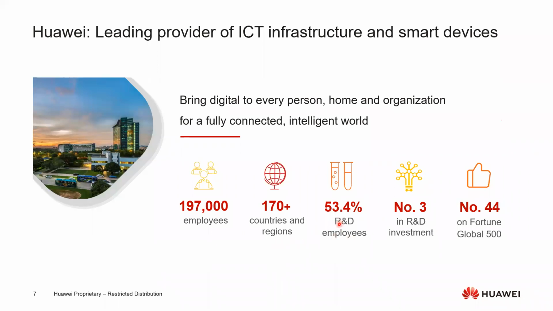More than 50%, around 53%, of Huawei employees are in R&D, and we are number 3 in terms of R&D investment. In the global Fortune 500 ranking, we achieved rank 44. So this is the Huawei introduction.